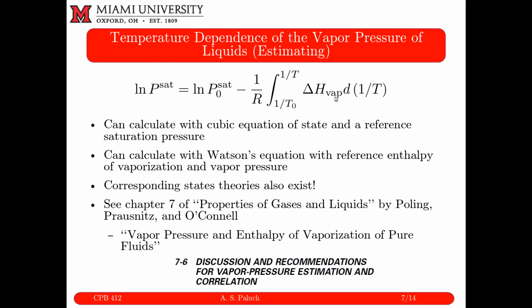We saw how we could calculate it using Watson's equation, and corresponding states theories also exist. If you were faced with having to integrate this, look at Chapter 7 of The Properties of Gases and Liquids by Poling, Prausnitz, and O'Connell, and they'll give you some recommendations. At least this year in class, we'll play around with actually evaluating this with Watson and compare that to just assuming delta H is constant.